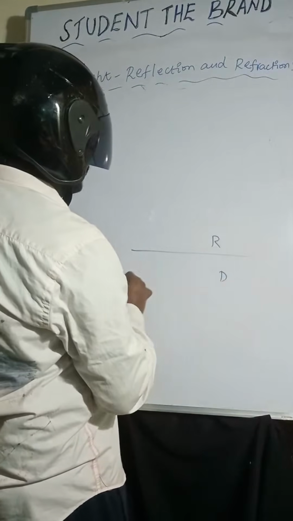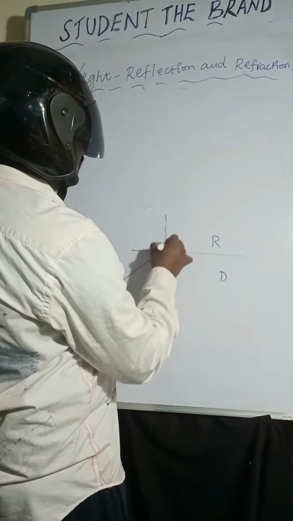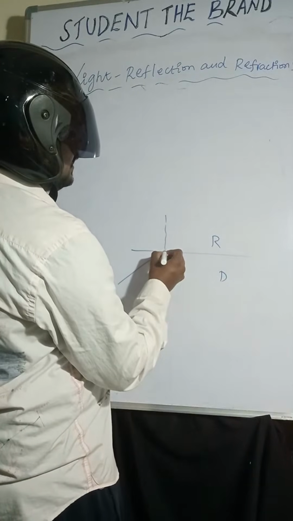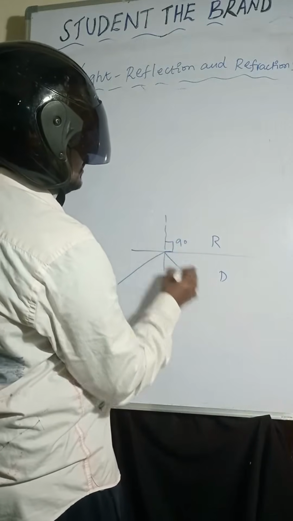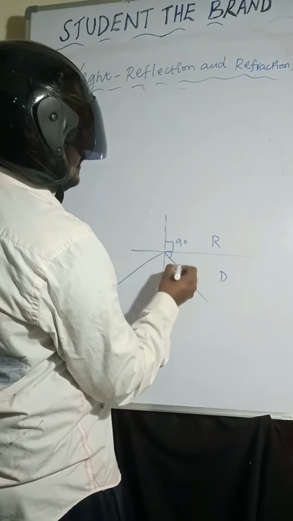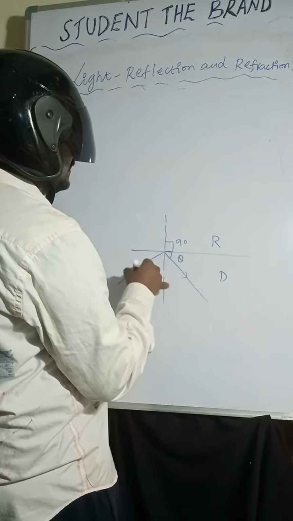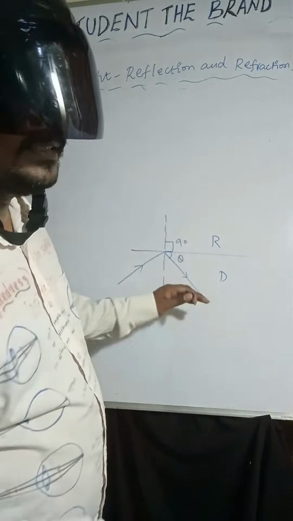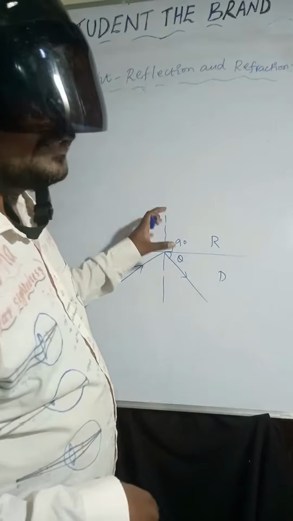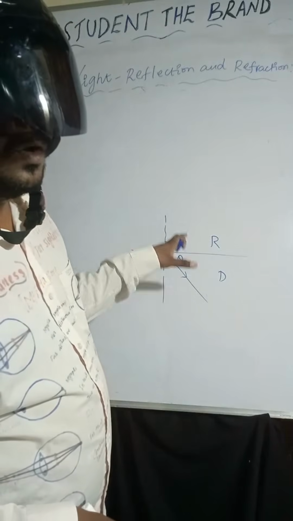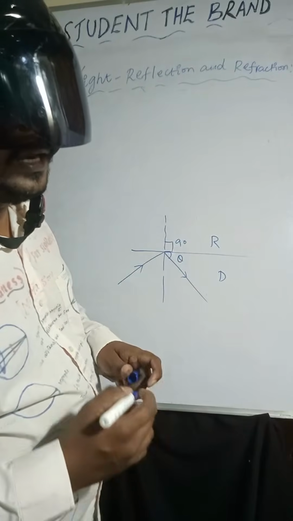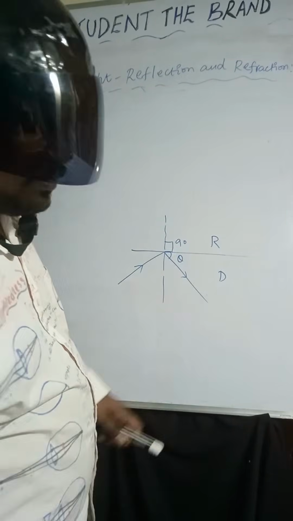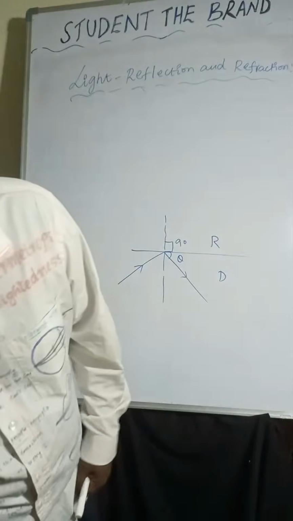In the rarer medium, if the refracted ray makes more than 90 degrees, or the angle is more than the critical angle, then it reflects back into the same medium, that is the denser medium. This phenomenon is called total internal reflection. Is it clear? I hope it is very clear to you.